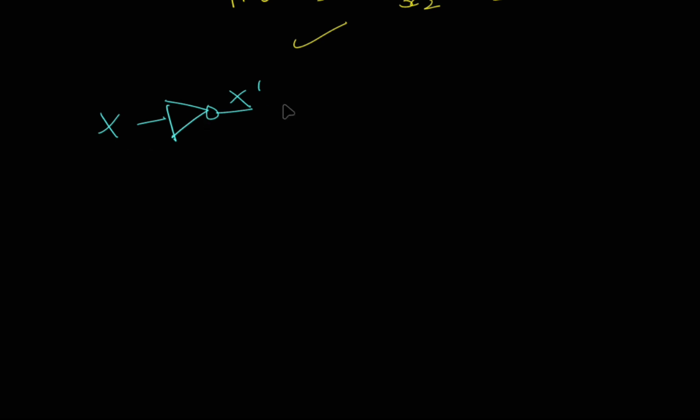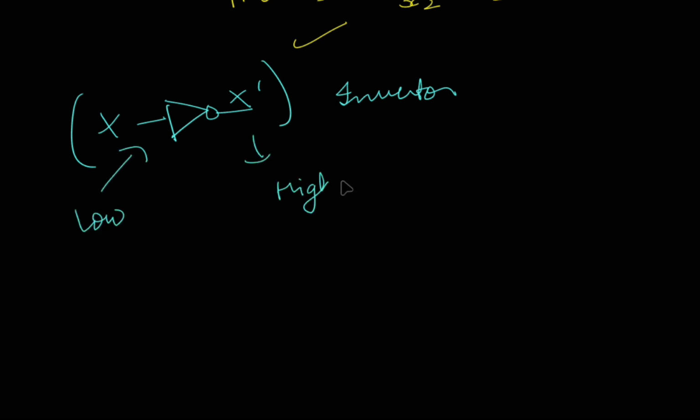That's why it is also called as inverter. इसे इन्वर्टर भी कहते हैं. तो ये कॉम्प्लीमेंट बनाएगा, right? तो symbolically we represent it like this. If the input is low voltage, then the output will be high voltage, and if the input will be high voltage, then the output will be low voltage.